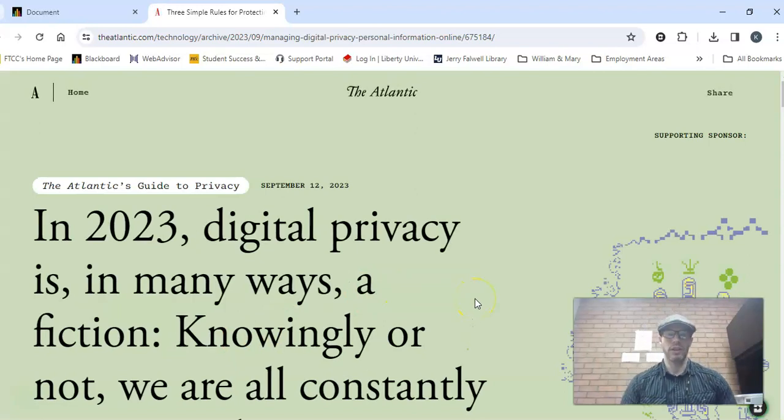So when you look at this text that's presented on this webpage, you want to be able to infer who the audience is based on the type of text that's presented, the language that's used, and the stylistic features that portray this information. So, for example, this is The Atlantic, which is a popular magazine.